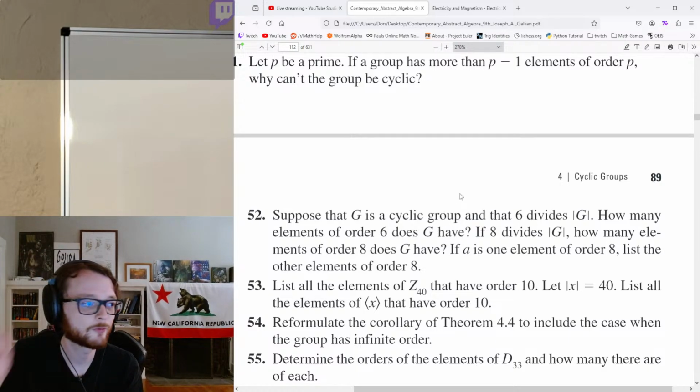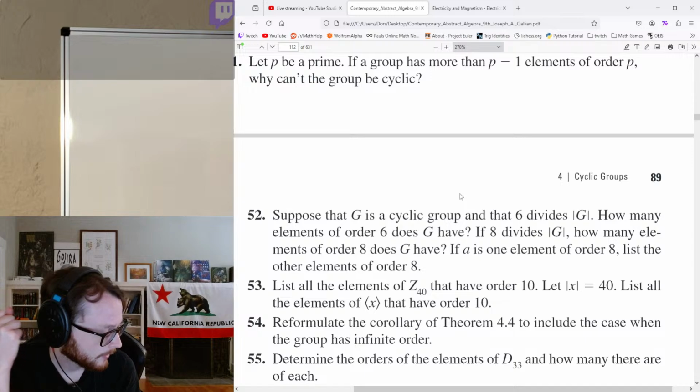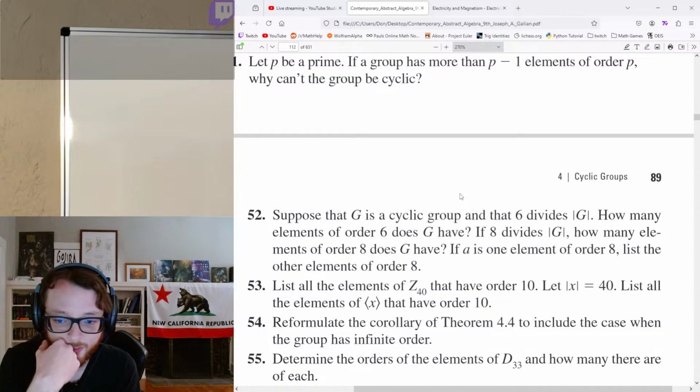So the elements of order 6. What? 1? 5. So there's 2 elements of order 6.